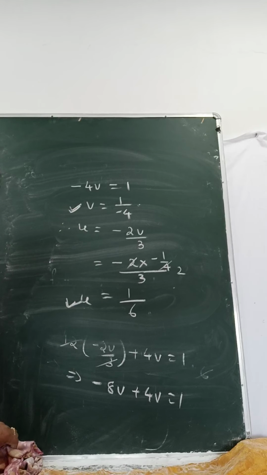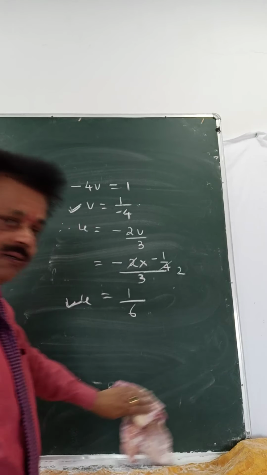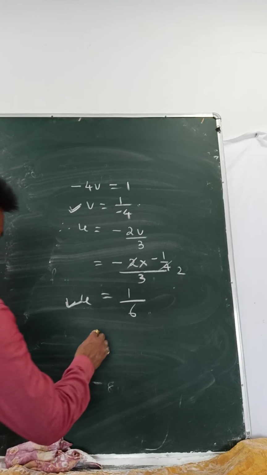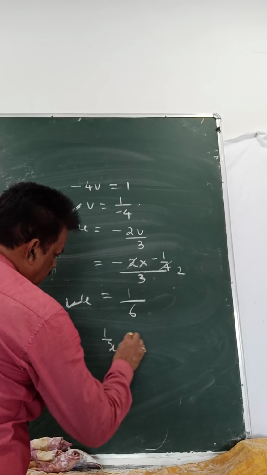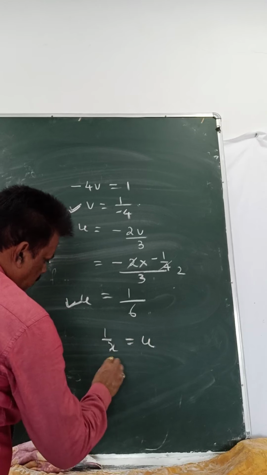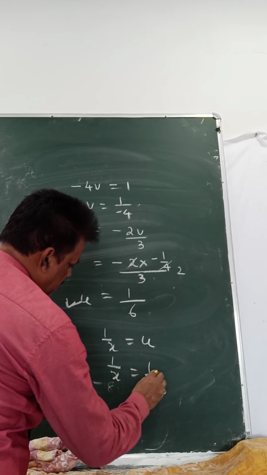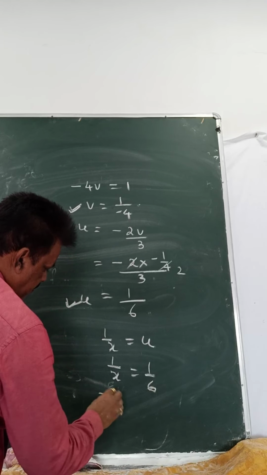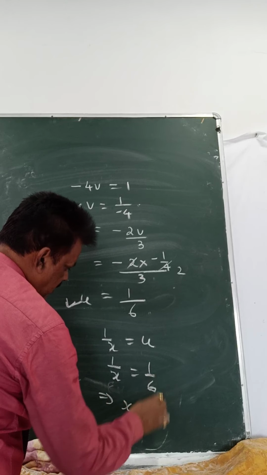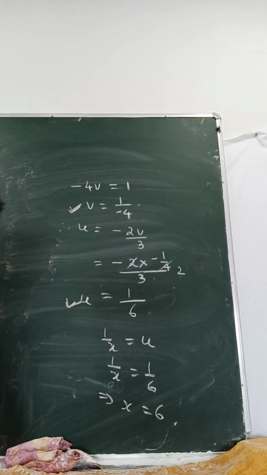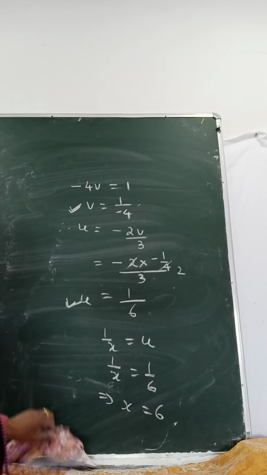So back to your substitution, what have you done? You have done 1 by x equals u. So 1 by x equals 1 by 6, which implies x equals 6, taking the reciprocal. Okay.